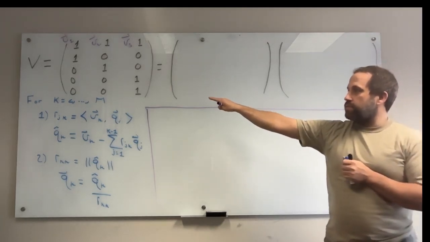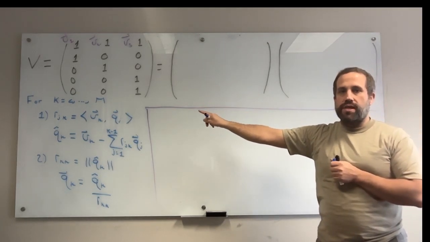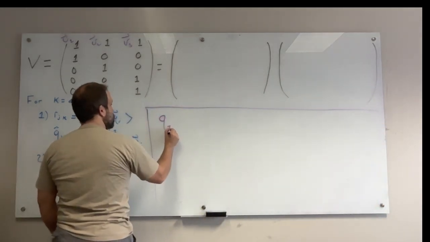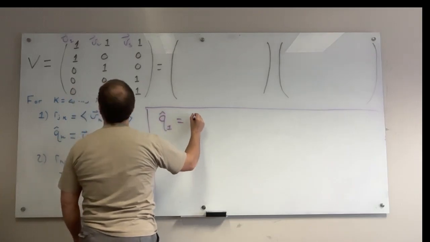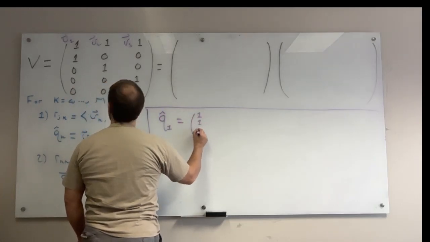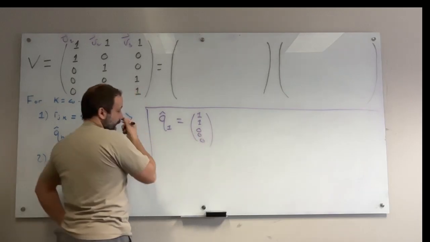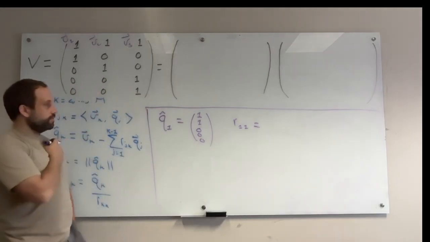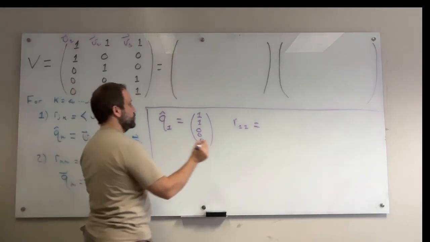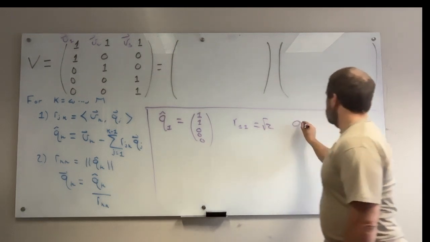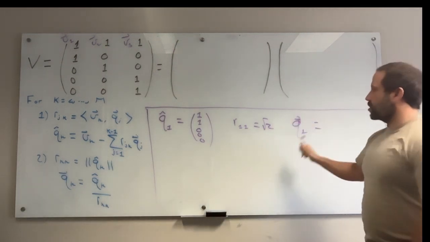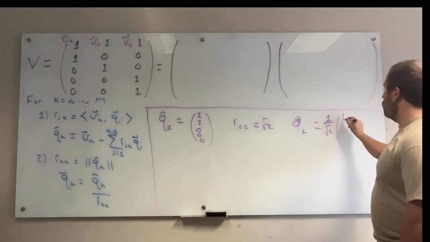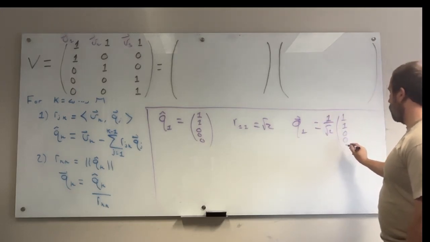Now there's a 0th step, an initialization step, the k equals 1 step that I had to erase to fit the matrix, but I will remind you: Q1 hat is just equal to V1, which in this case is 1, 1, 0, 0, 0, and then R11 is the magnitude of this vector. Well, the magnitude of that vector is the square root of 2. And so then Q1 is just going to be this vector divided by its magnitude. So it's going to be 1 over the square root of 2, times 1, 1, 0, 0, 0.